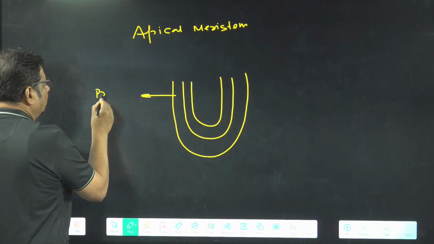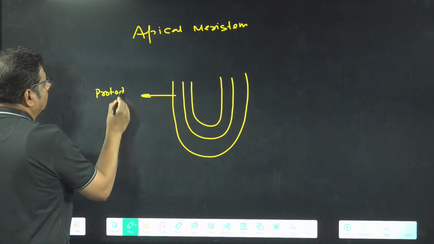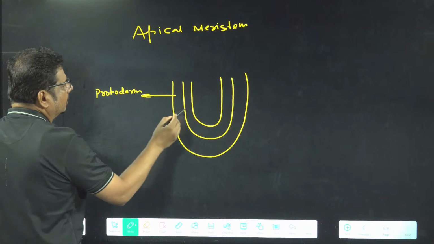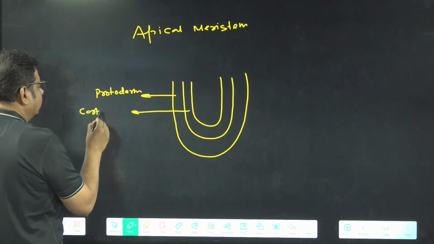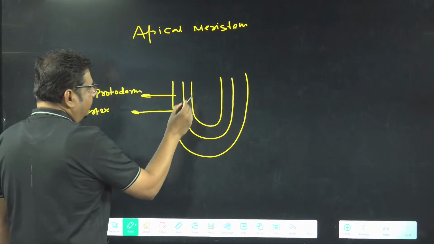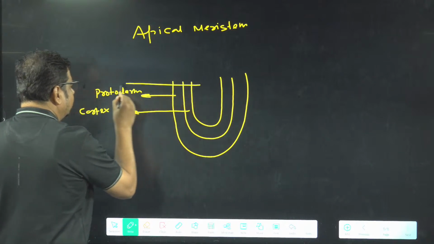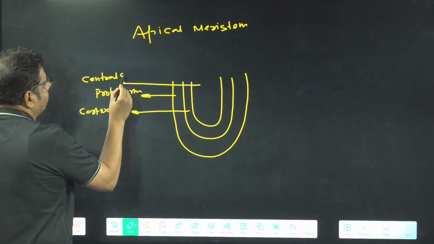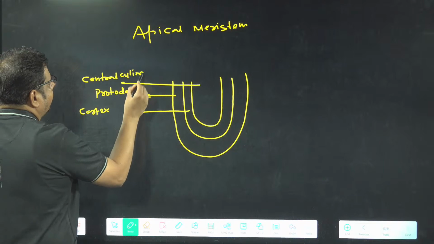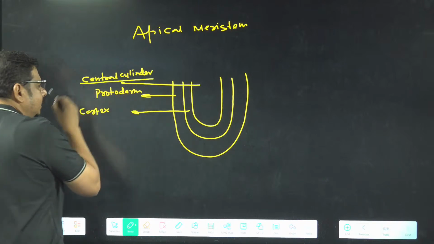Here it is protoderm. Here it is cortex. And here it is which one? Central cylinder. Central cylinder.